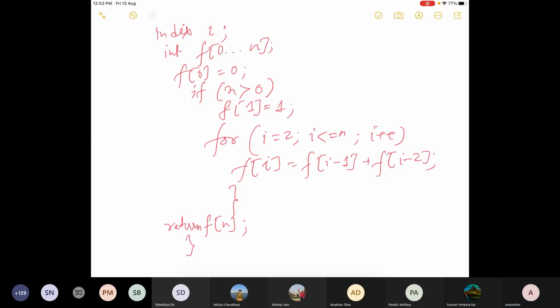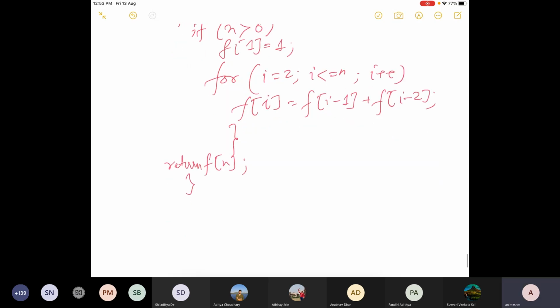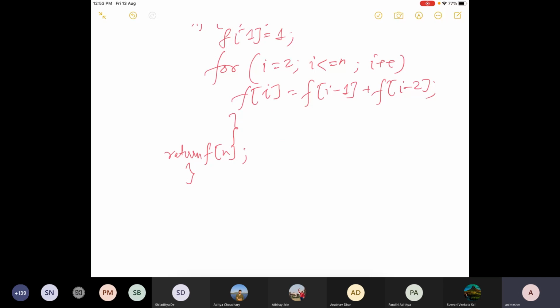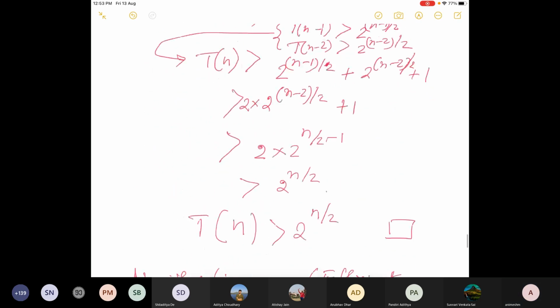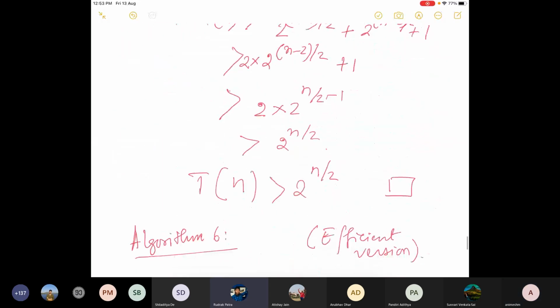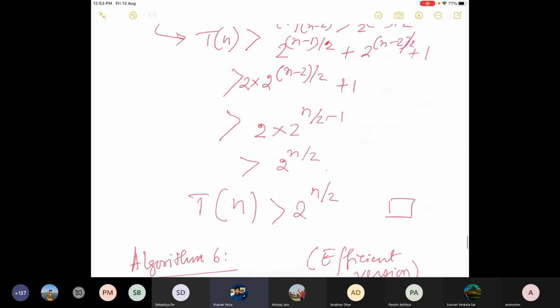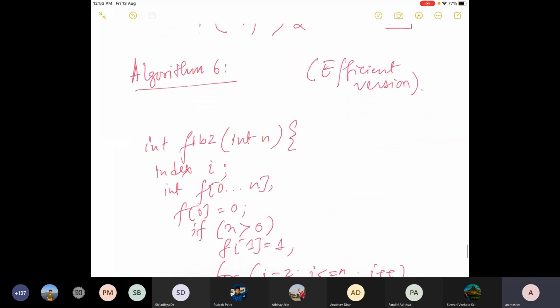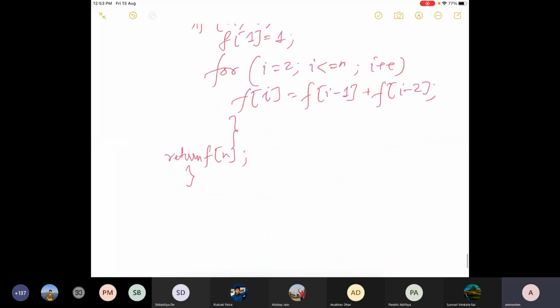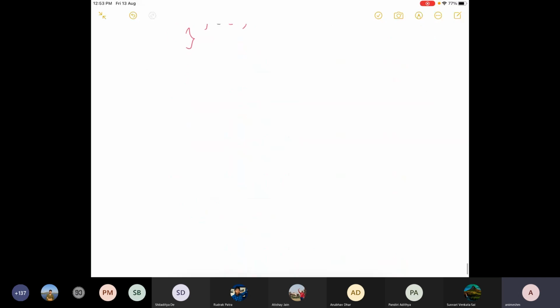So does anyone know what paradigm of algorithm was the first one, and what paradigm of algorithm is the second one? First one is recursive and second one is iterative. These are not paradigms. You know about paradigms? We will learn about paradigms in this course.